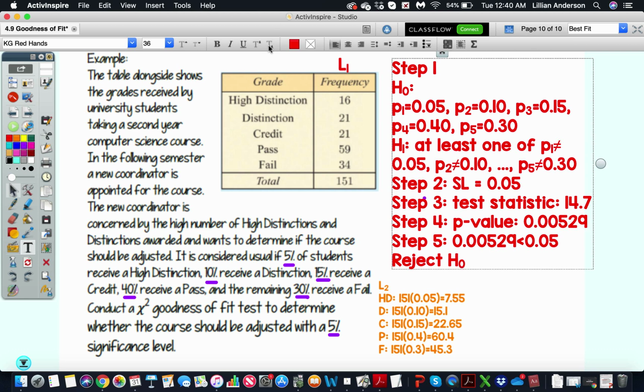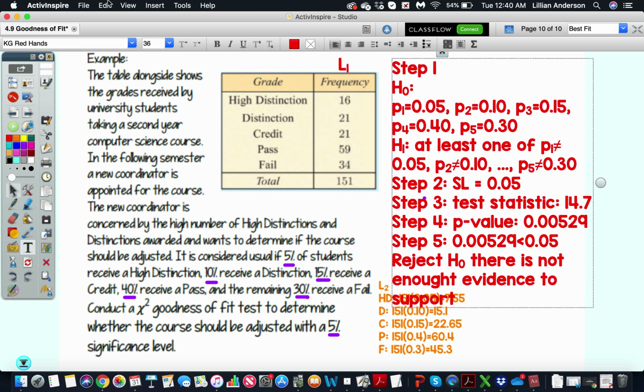Okay, we're going to reject the null hypothesis. And again, there's not enough evidence to support.